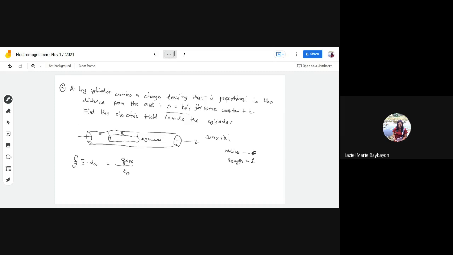Now, take note that for a charged cylinder, your electric field is radially directed, going away from the cylinder.